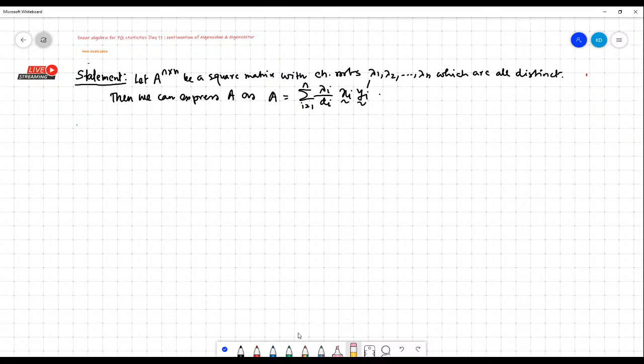The implication of this result is the spectral decomposition of a square matrix having all roots distinct.